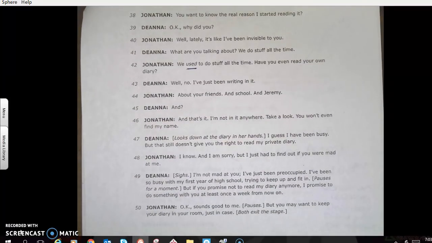Have you even read your own diary? Well, no, I've just been writing in it about your friends and school and Jeremy and that's it. I'm not in it anywhere. Take a look. You won't even find my name. Looks at the diary in her hands. I guess I've been busy, but that still doesn't give you the right to read my private diary. I know, and I'm sorry, but I just had to find out if you were mad at me. Sighs. I'm not mad at you.